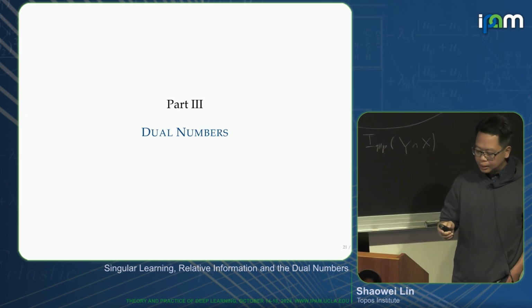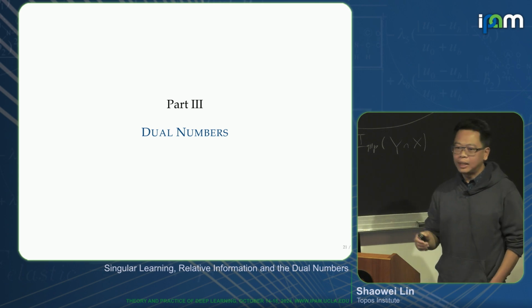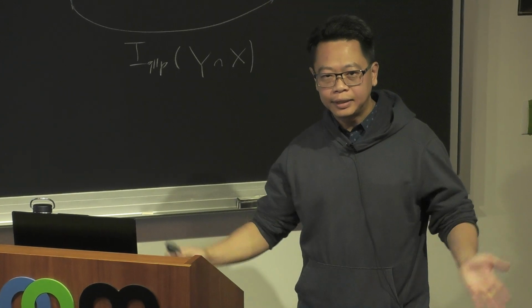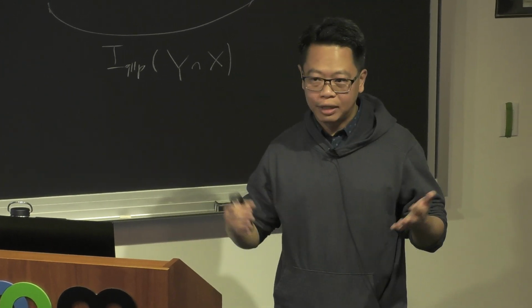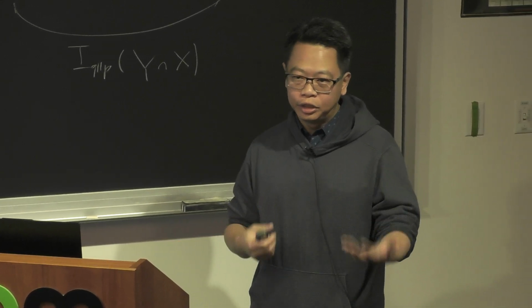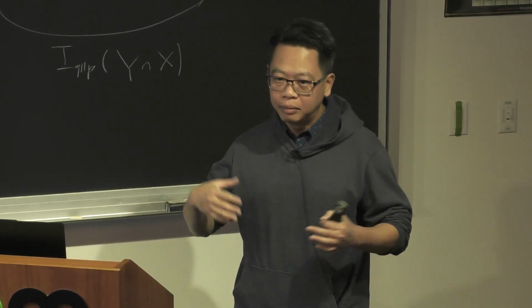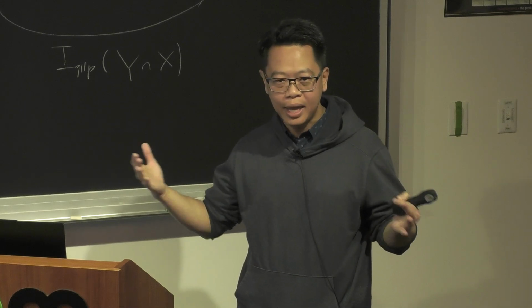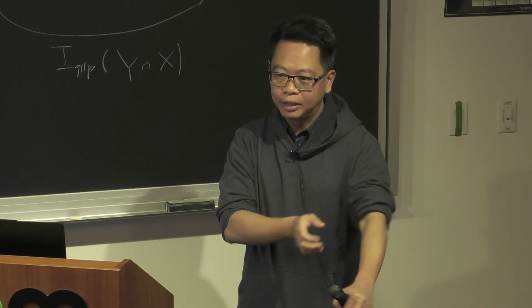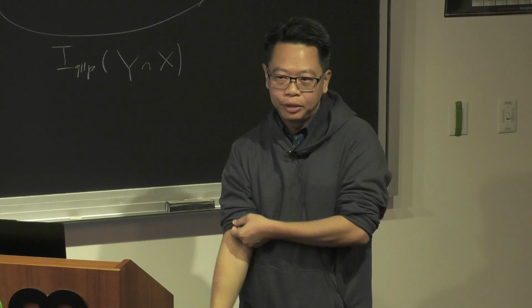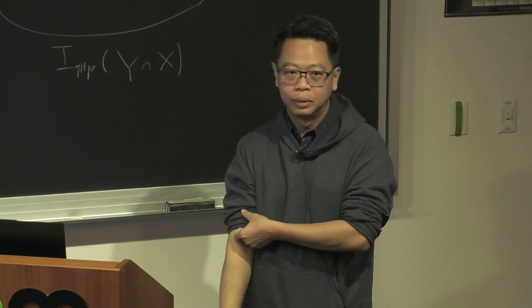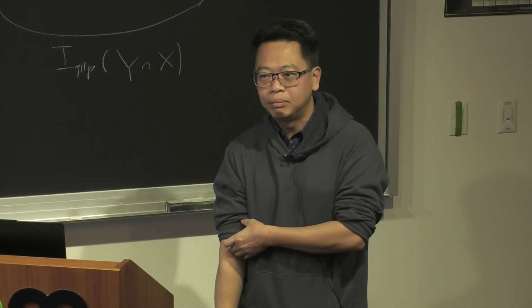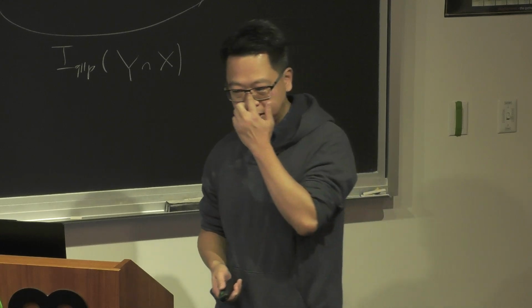Up to this point, I've given you very tantalizing properties of relative information. The chain rule, the sum rule, and product rule are meant to conjure up in your head thoughts about calculus, right? In calculus, we also have the chain rule and sum rule and product rule. So how is relative information related to calculus or differentiation?